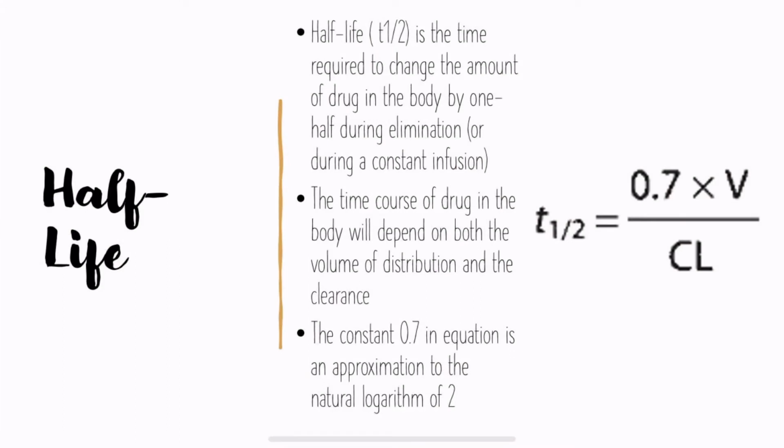Half-life is the time required to change the amount of drug in the body by 1/2 during elimination or during a constant infusion. The time course of drug in the body will depend on both the volume of distribution and the clearance. The constant 0.7 in the equation is an approximation to the natural logarithm of 2. So half-life equals 0.7 times volume divided by clearance.